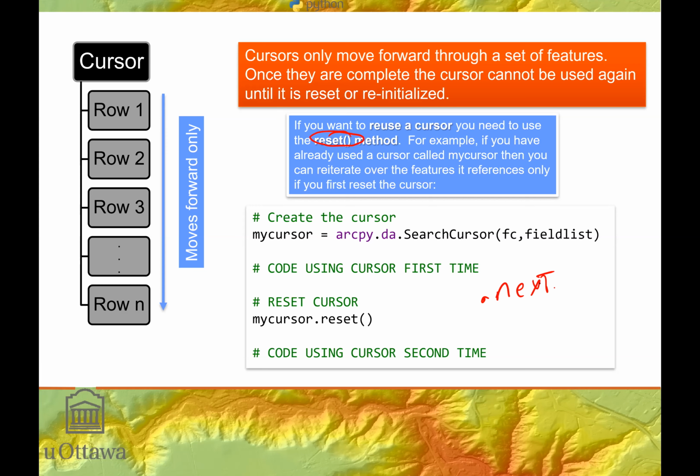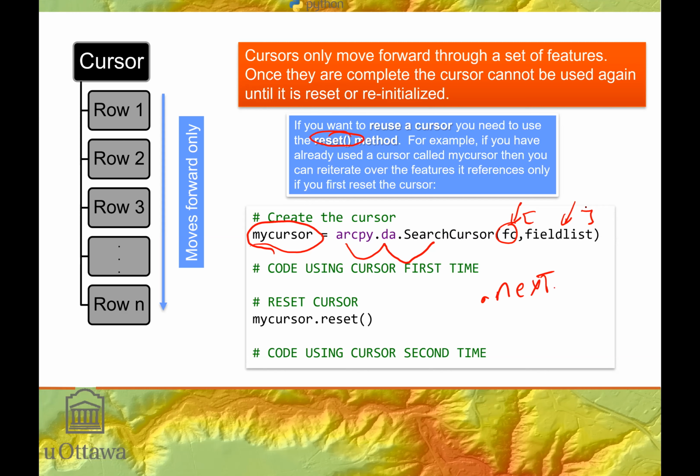So here's an example of creating a cursor, where the cursor, the iterable, is stored in my cursor. And that's equal to arcpy.da, data access module, .SearchCursor. And here we specify the feature class that we want to iterate over, and then the field list that we want to iterate over. And that is a list of objects, or a list of names, field names, for example.